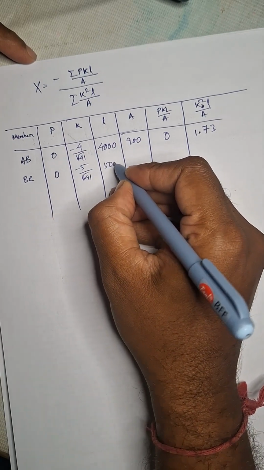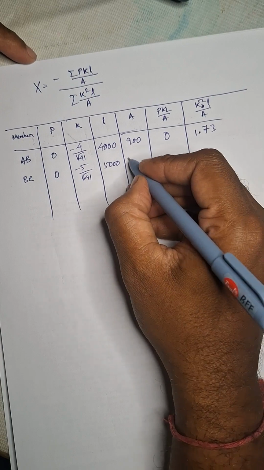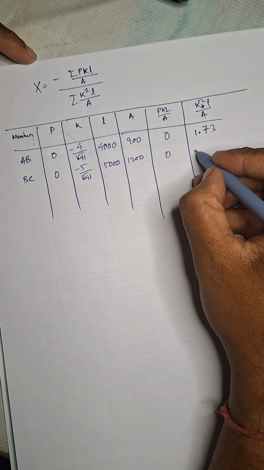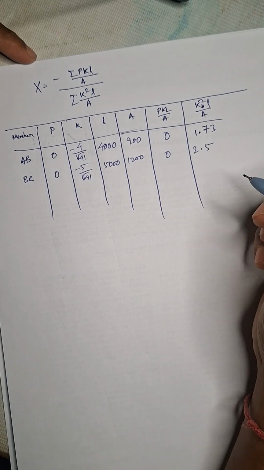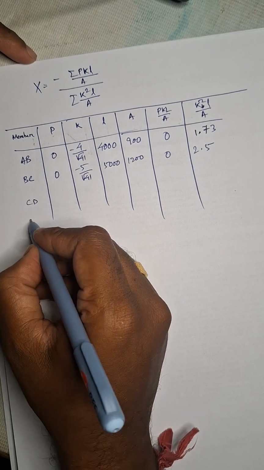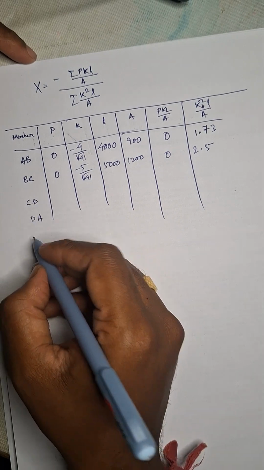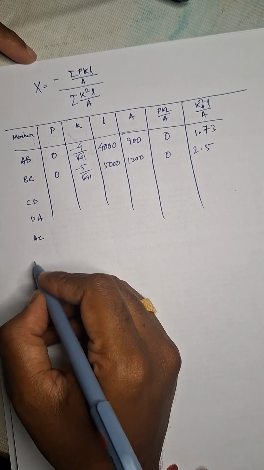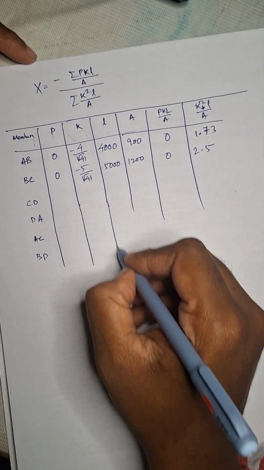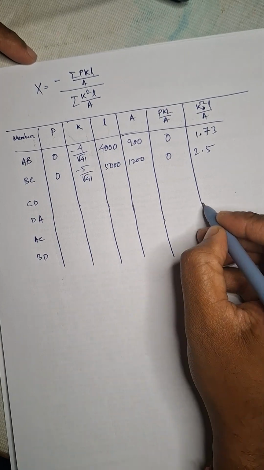Length is 5000, and the cross sectional area is 1200. This term will become 0, and we'll get this term as 2.5. Similarly, we have to do it for member CD, member DA, member AC, and member BD.